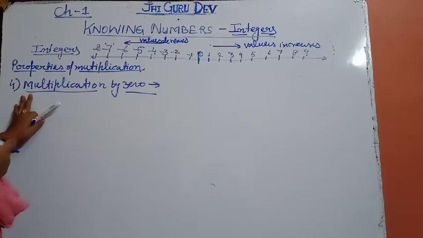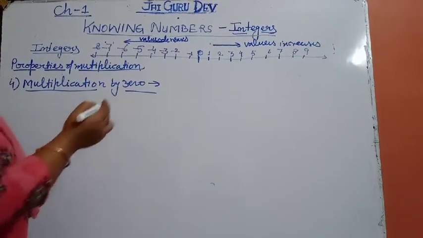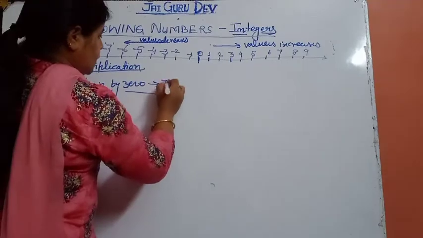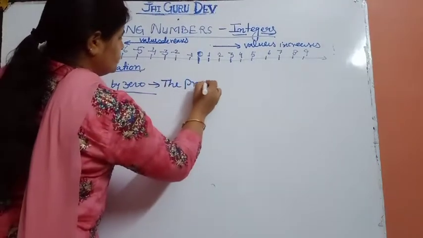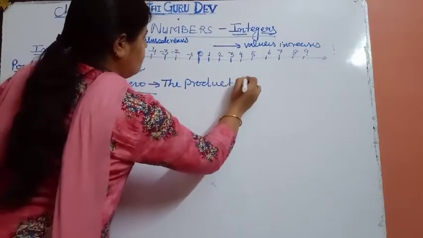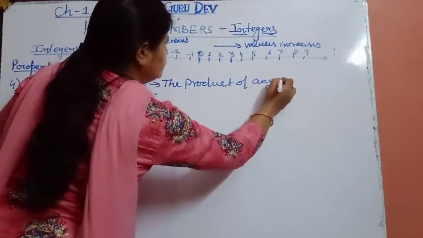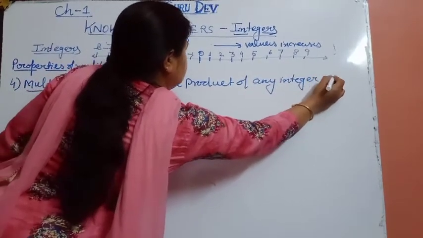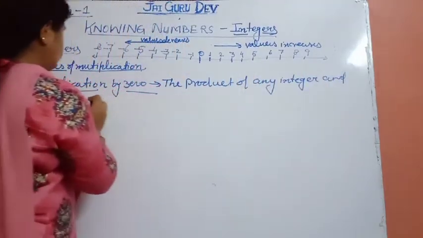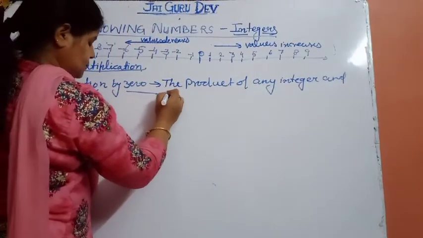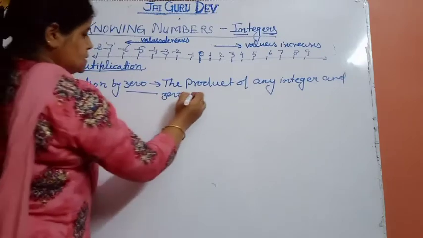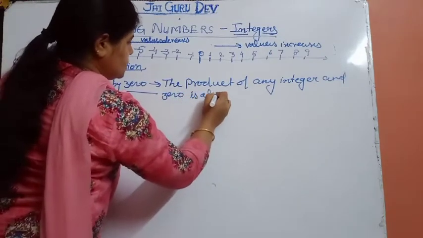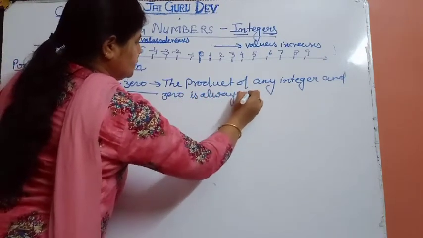Fourth property is multiplication by 0. In this property, the product of any integer and 0 is always 0.